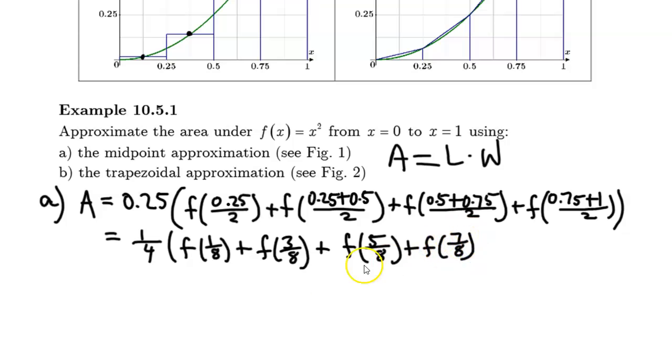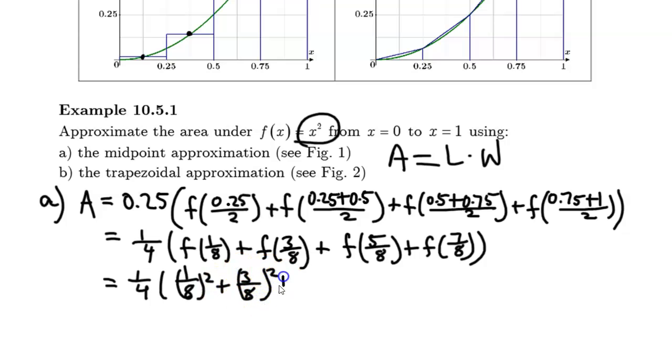Okay, so you can kind of see this pattern with odd numbers in the numerator: 1/8, 3/8, 5/8, 7/8. Now you've got to keep in mind that the function is in fact x squared, and so f at 1/8 would be 1/8 squared, f at 3/8 would be 3/8 squared, etc. So basically we have this, and I'll write it so that you can see every step here. 1/4 times 1/8 squared plus 3/8 squared plus 5/8 squared plus 7/8 squared.